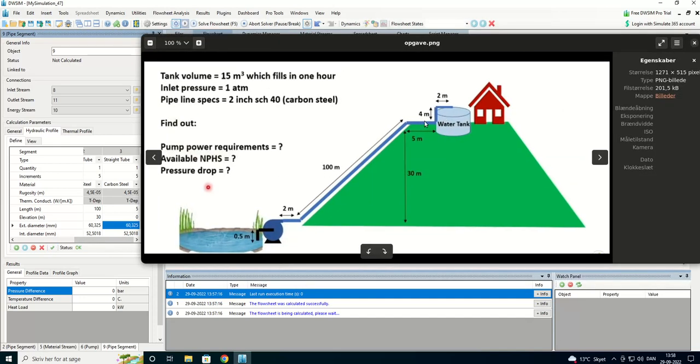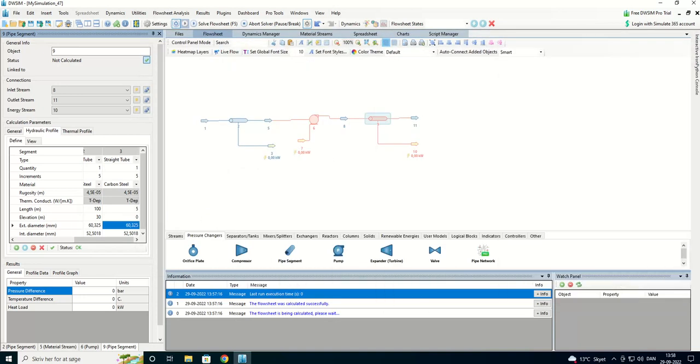So we are now here, going to the vertical segment. Carbon steel still, 4 meters in length, 4 meters in elevation, and the pipe diameter.